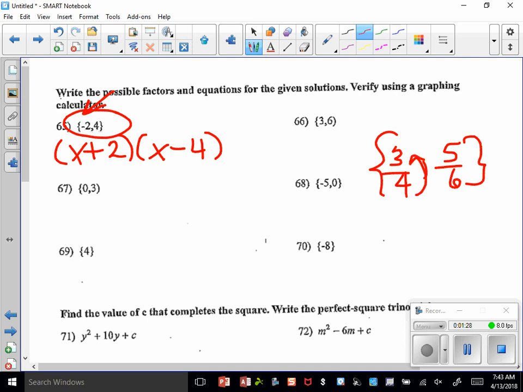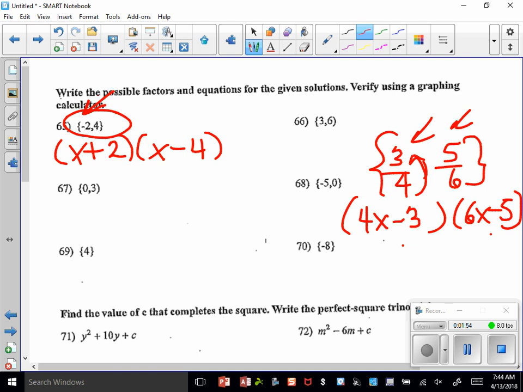You would say 4x, and since this is positive, you would say -3. Start at the bottom, and you might want to even write this example down, 6x minus 5. Since you already know how to do that bottom up with the fraction, it's really the exact same thing, except you take the opposite sign. So since both of these were positive, you would make both of these negatives.